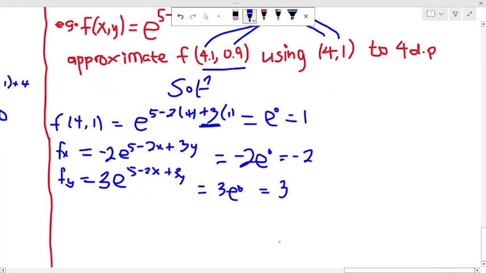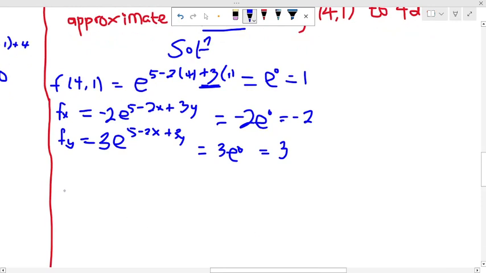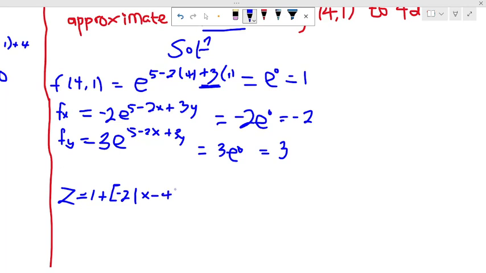As simple as that. Now going back to the equation, we get our actual equation to be z equal to 1 plus negative 2 times x minus the point 4, plus 3 times y minus the point 1.